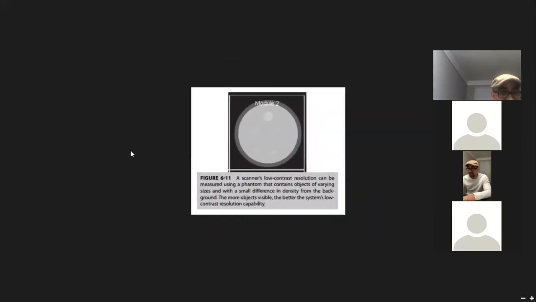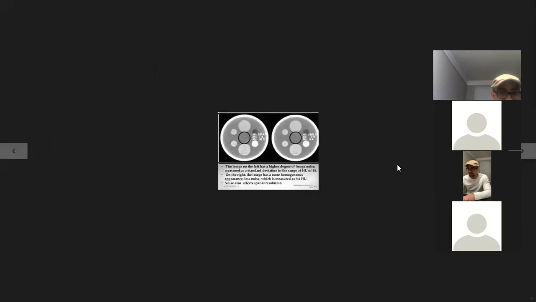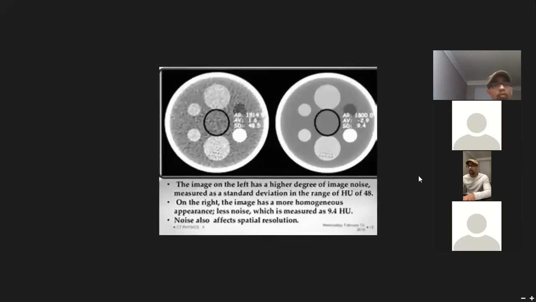Okay, so now let's look at this next picture here. There are two components of low contrast resolution. One is signal to noise ratio, and the other is noise. So we have signal and noise, I guess is what I'm trying to say. If you look at this image I have pulled up here, the image on the left is very noisy.